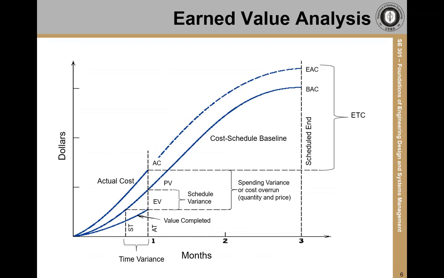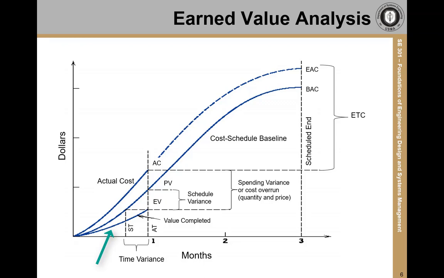All of the quantities just described are tied together in this figure. This plot shows time on the horizontal axis and value in dollars on the vertical axis. This solid line shows the planned progress of value over time. It starts at 0 and goes up to the budget at completion. Below that line, we see the value completed in the project over the first month.